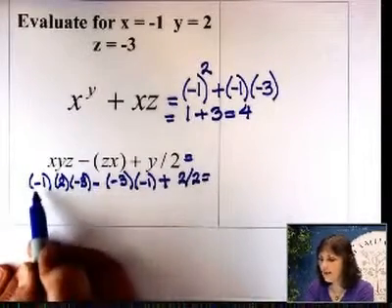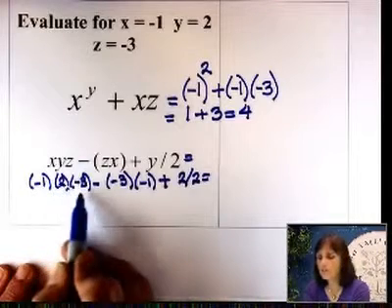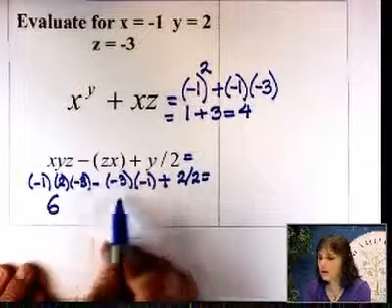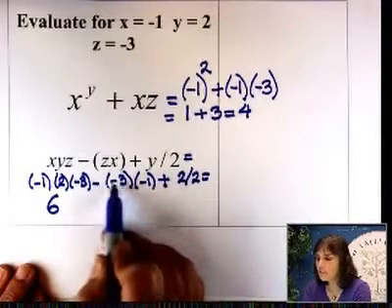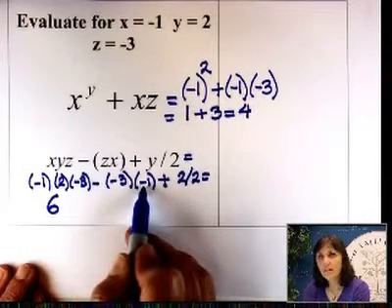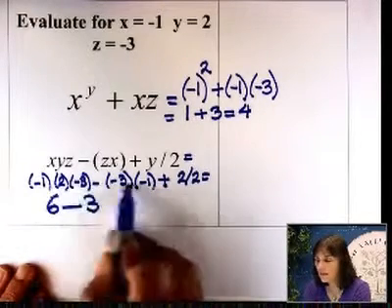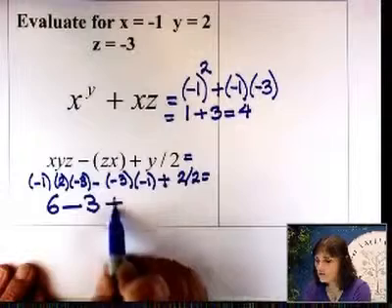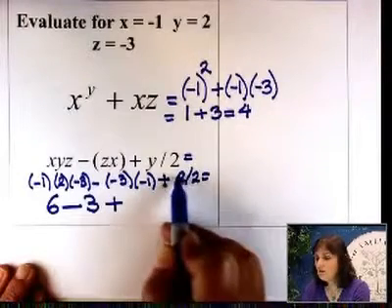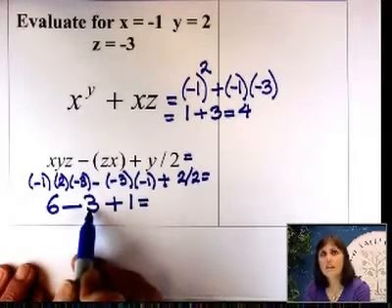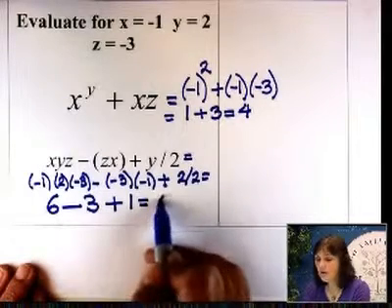This one's left to right, -1 times 2, -2 times -3, that's 6. This one's double negative, but I do the multiplication first. -3 times -1, that's 3, and you have a negative in front of it. So that takes care of this and this, plus, and you have to do the division. 2 divided by 2, that's 1. Left to right, 6 minus 3, that's 3, plus 1, that's 4.